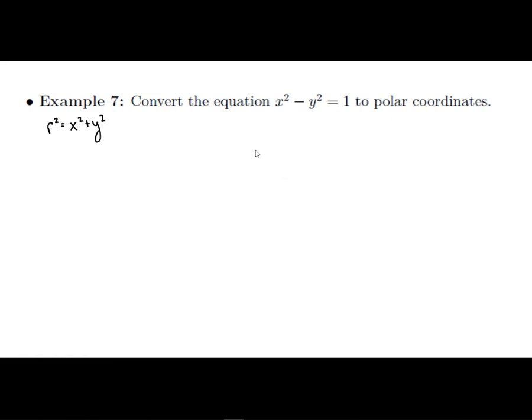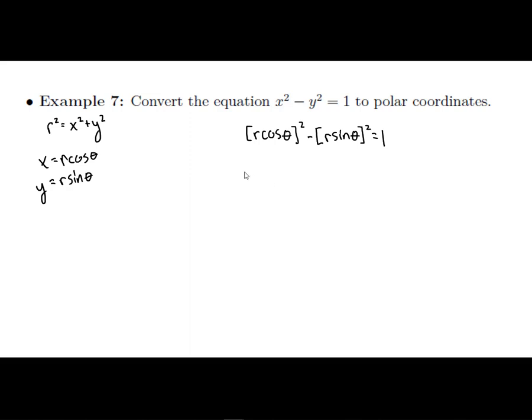All right, so in this case, I think what's wise is to just go ahead and use r cosine theta and r sine theta as x and y. So I'm going to write this as r cosine theta squared minus r sine theta squared.